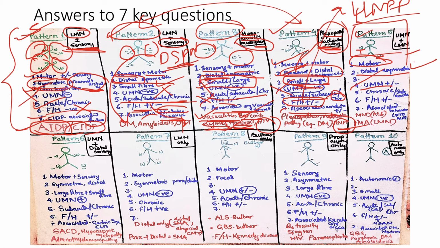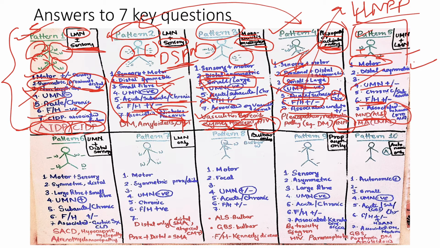That's why I have written that MND is the first differential diagnosis whenever you have motor, no sensory, distal, asymmetric, UMN findings, chronic. There are different types of familial ALS, so we are not actually going deep into that. We will be discussing that separately in the ALS video. So family history plus or minus, that's why I have written.